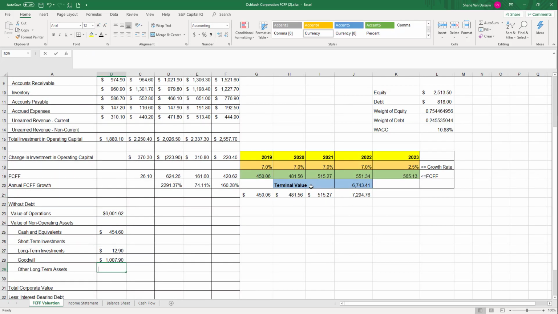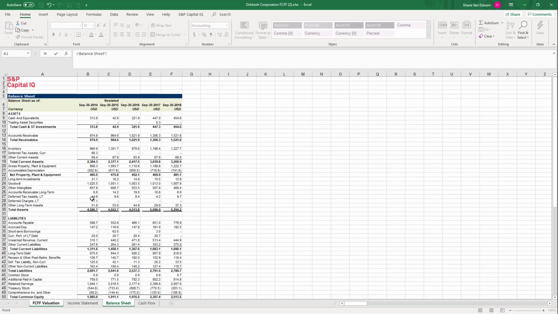Then any other long-term assets. So we'll look on here, we'll go to other long-term assets at 37.3. Actually, we want to include the accounts receivable long-term, the deferred tax assets, the deferred charges. We actually want to include all of those, although they're not all under the heading.